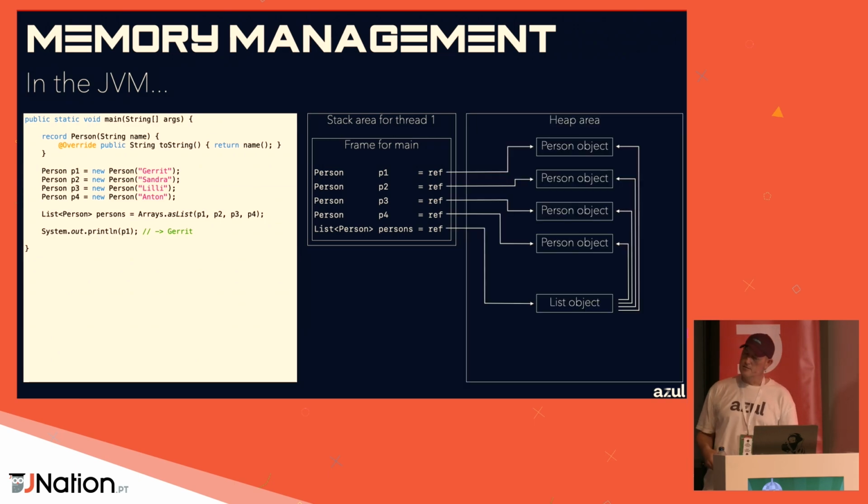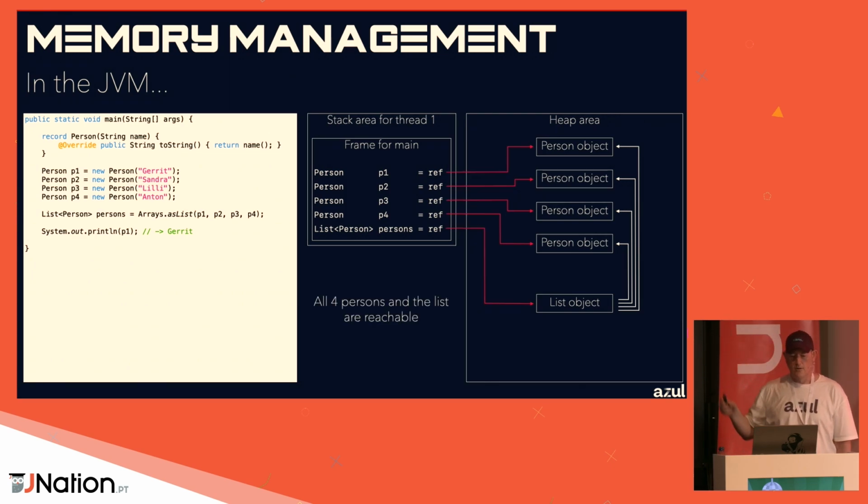And then we have the heap. In the heap, the actual objects are allocated. These are the boxes here. And you see the references pointing from the stack to the heap, right? And also to the list. At the moment, all these objects are live, because they are reachable from the stack.